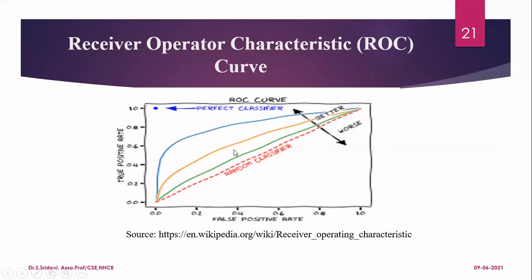As soon as a curve comes closer to the diagonal line, it means it is not perfect. So when you move away from the diagonal, it is performing better, and when you come closer to it, it is performing worse. Likewise, you can plot the ROC curve and you can judge the performance of your model.